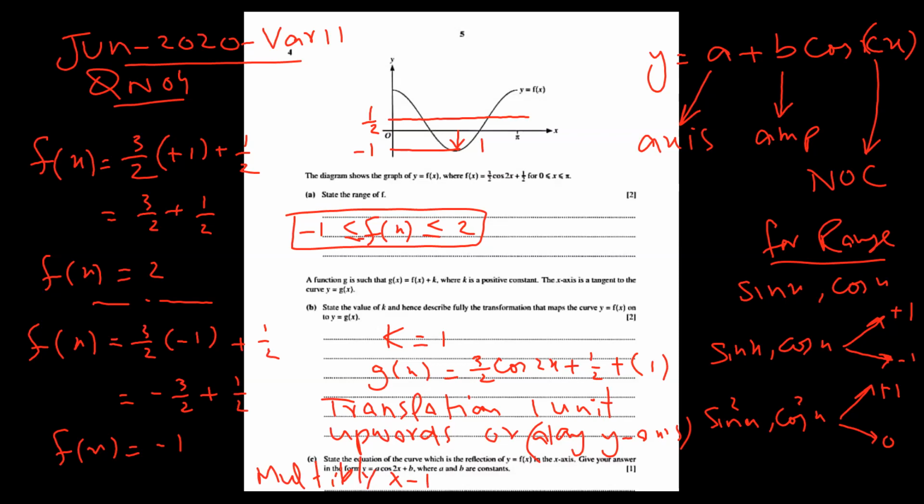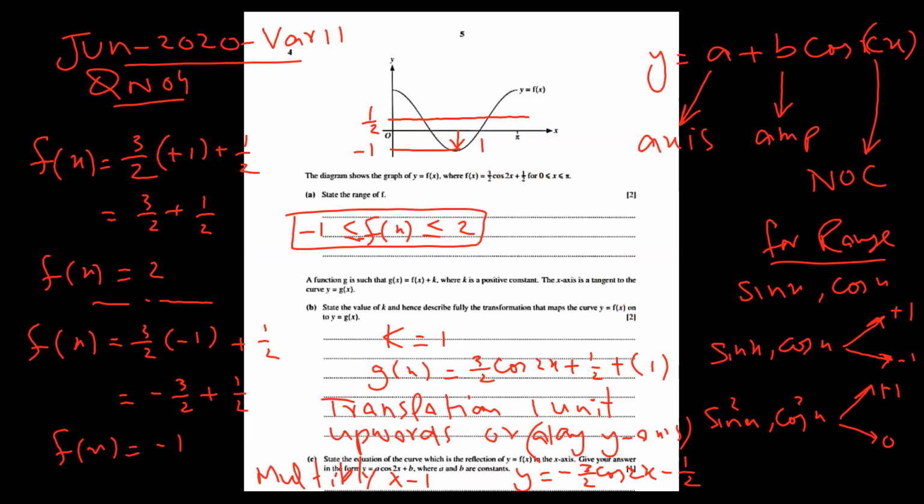So f of x, he gave the name y. So y equals -3/2 cos 2x minus half. The reason is that I'm multiplying the whole equation by -1, so 3/2 positive becomes negative and half positive becomes negative.